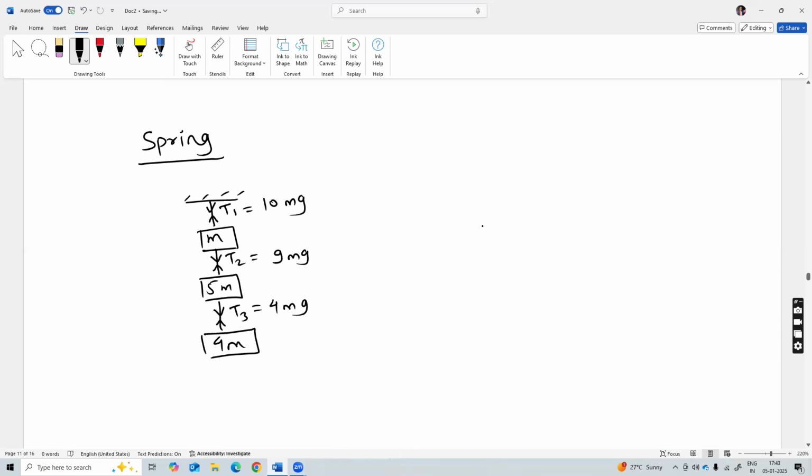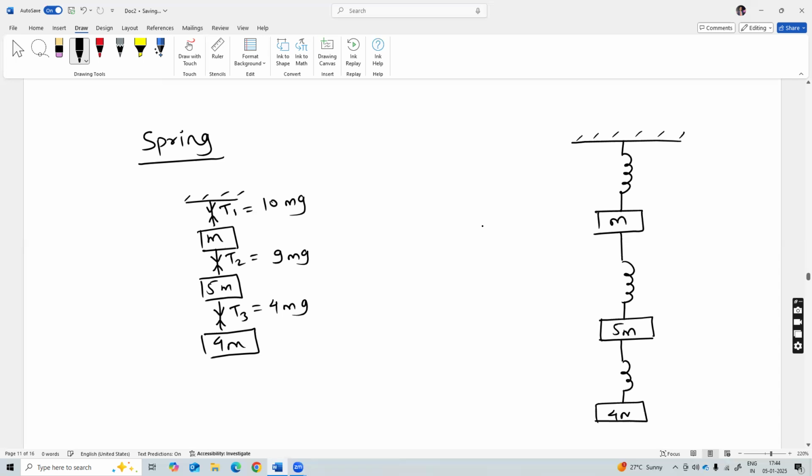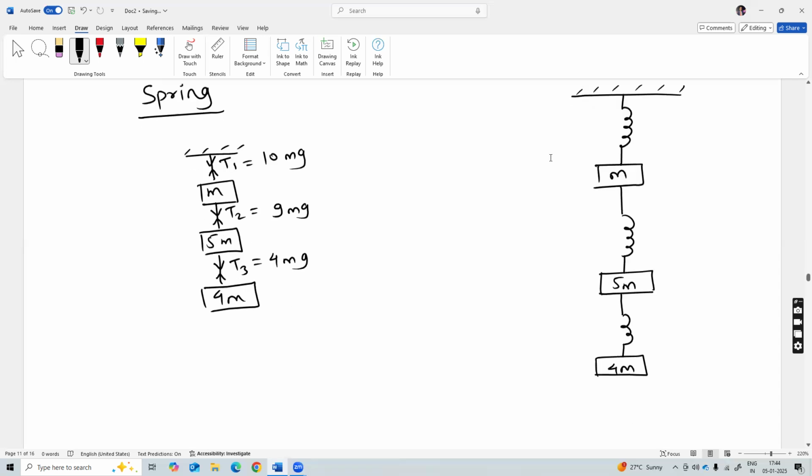Similarly, now if you have a spring, in a spring also the tension will be similar.